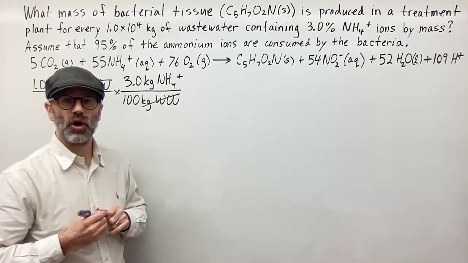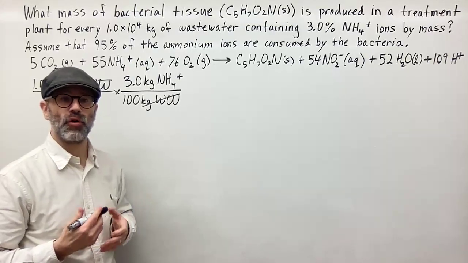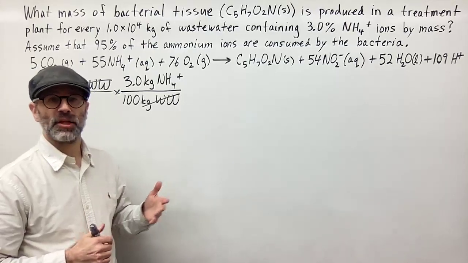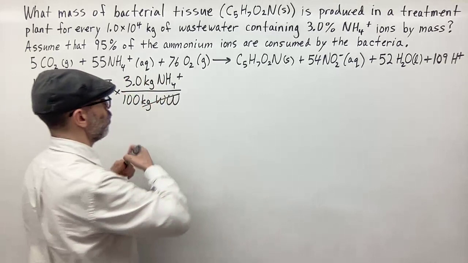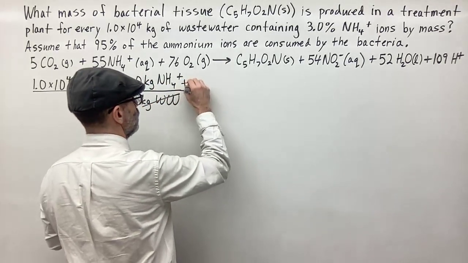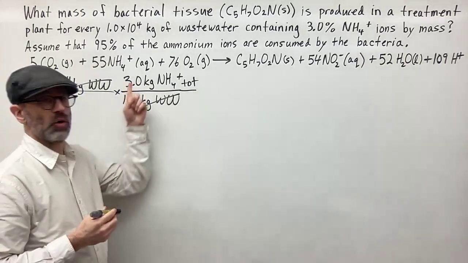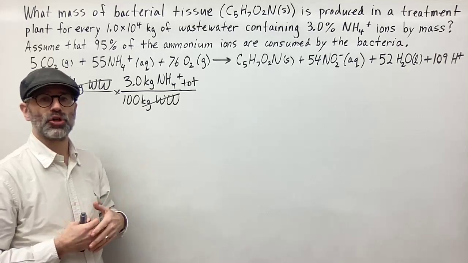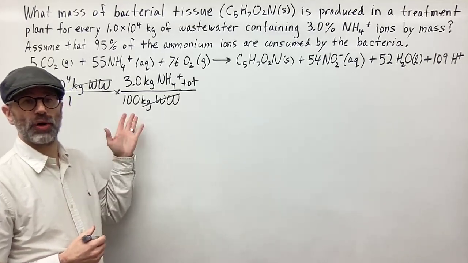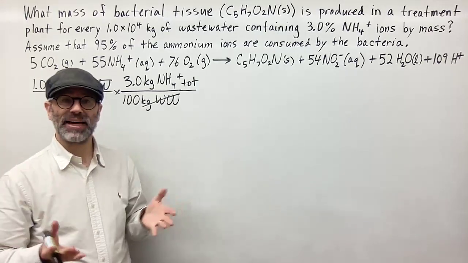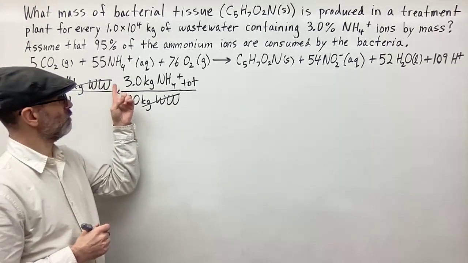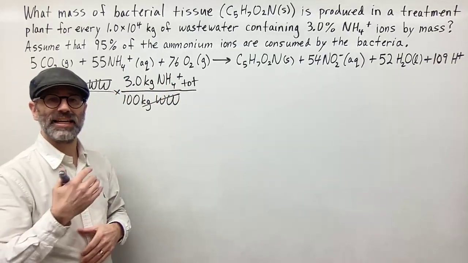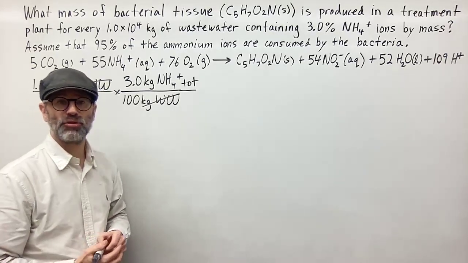And so then what are we told? We're told that the bacteria is going to consume 95% of it. So this is the total amount, TOT for total. This is the total amount that's in the wastewater. But the bacteria is only going to consume 95% of it. So we're just going to use our conversion of 95%. What does that mean? This means out of 100 kilograms of NH4 plus, only 95 kilograms is going to be consumed.